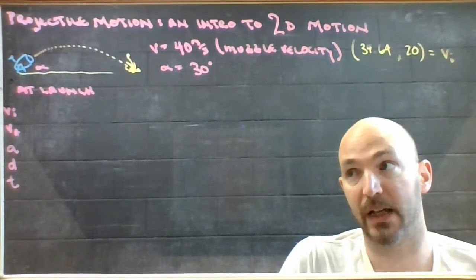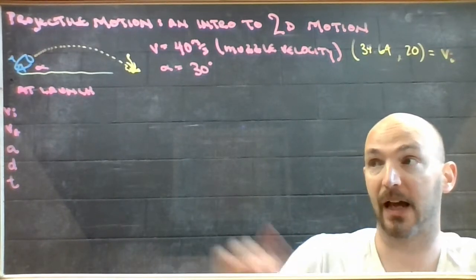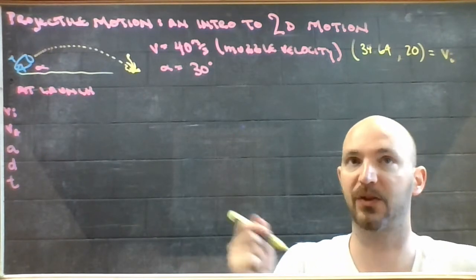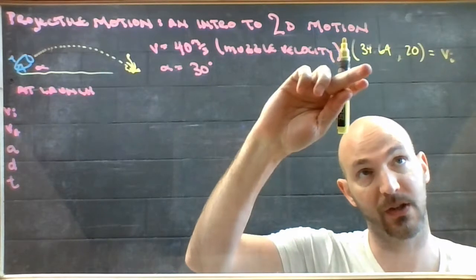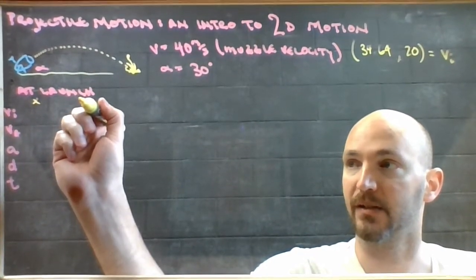So if we start looking at the launch conditions, what is the ball doing at this place when it leaves the cannon? Well, I'm going to have to note that there are horizontal parts and vertical parts. So those are my x things, those are my y things.